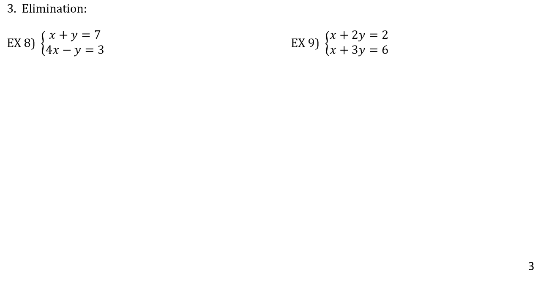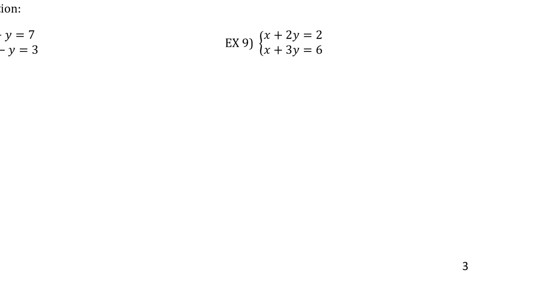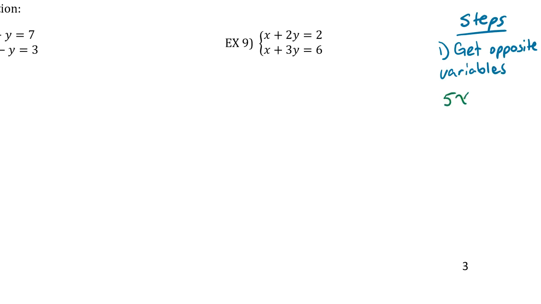All right, so off to the side, I'm going to put some steps over here. So first off, we're going to get opposite variables. So what do I mean by opposite variables? By opposite variables, I mean if we have a 5x, we want a negative 5x in the other system.